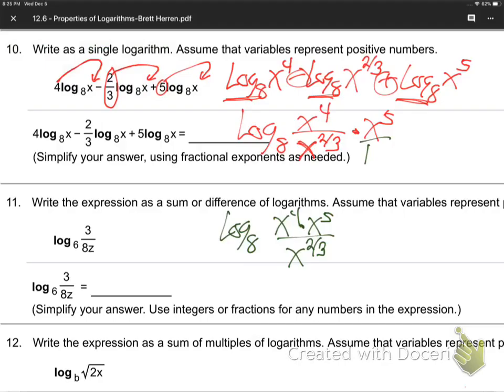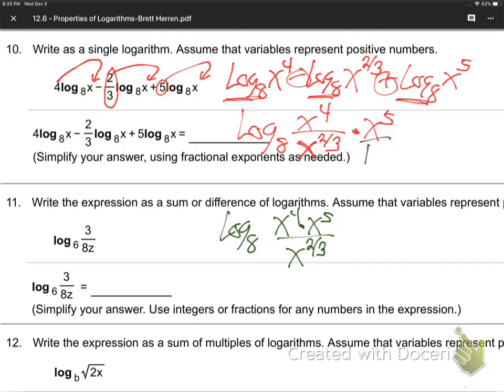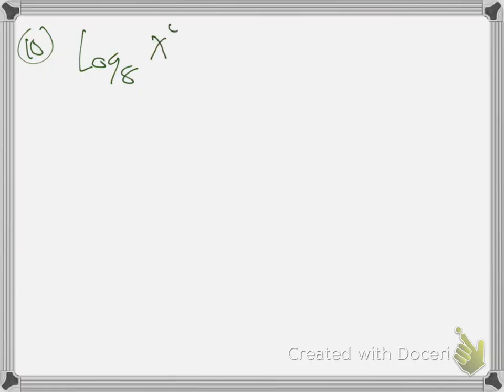Well, let me go to a fresh screen here. This is number 10. Log base 8 of x to the 4th times x to the 5th over x to the 2/3. Do you remember the rules of powers? When powers are side by side like that, they add.